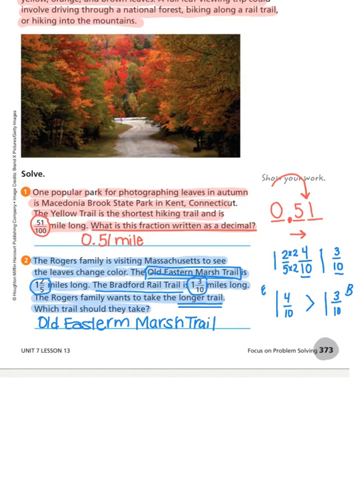The Old Eastern Marsh Trail is 1 4/10 miles, which is 1/10 mile longer. I've added in extra information to prove that I really know how much longer the Old Eastern Marsh Trail is.